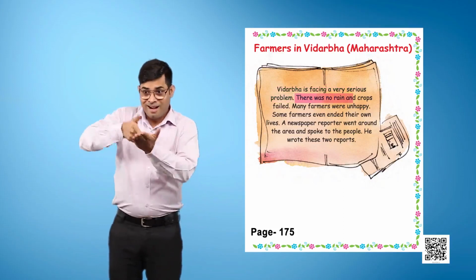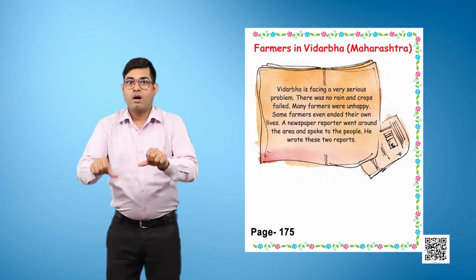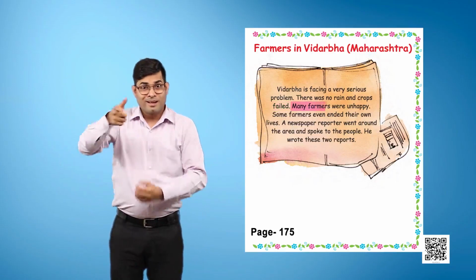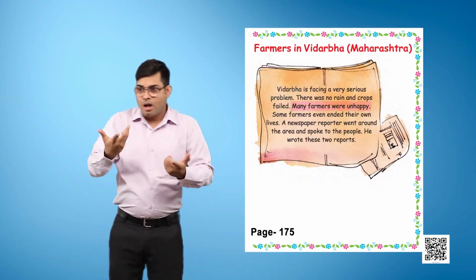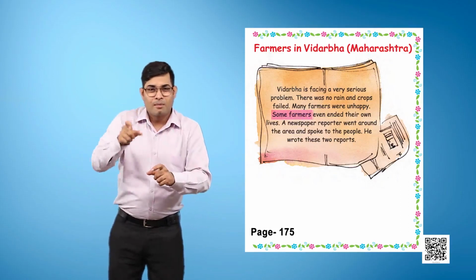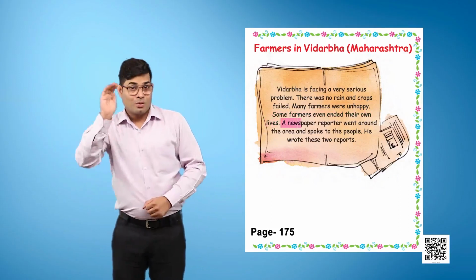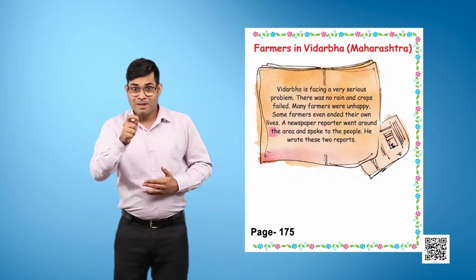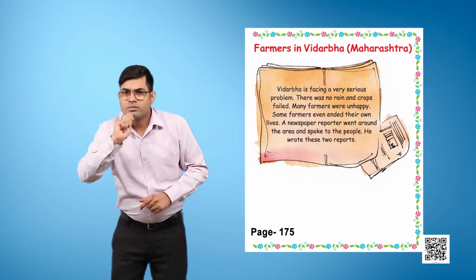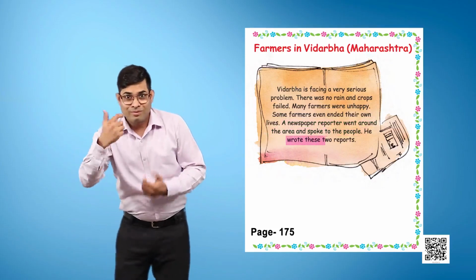There was no rain and crops failed. Many farmers were unhappy. Some farmers even ended their own lives. A newspaper reporter went around the area and spoke to the people. He wrote these 2 reports.